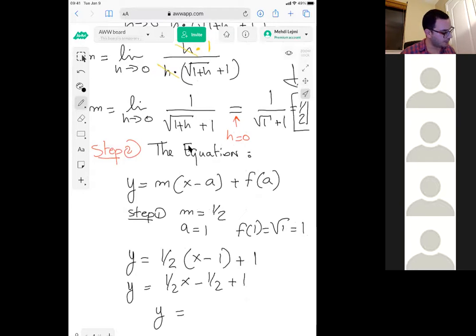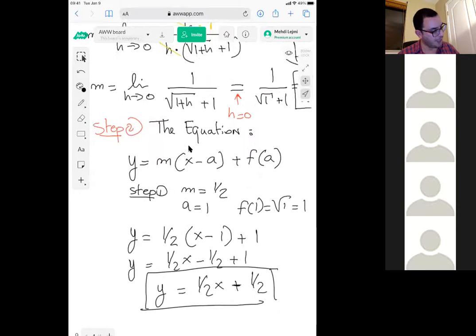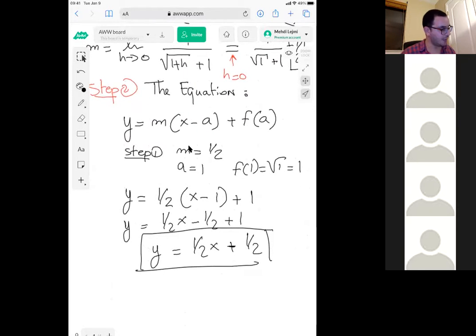So y equals half x plus half. This is supposed to be your final answer. This is the equation of the tangent line to f of x, which is the square root of x, at x equals 1.